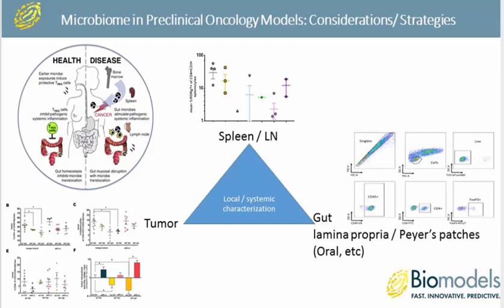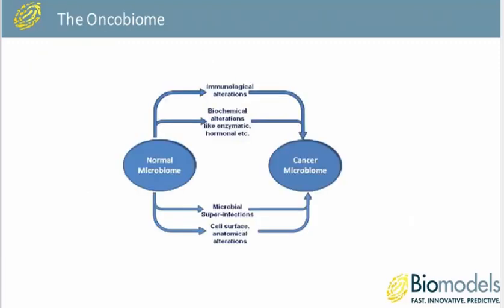So we might do ex vivo assays looking at lamina propria or other sites. We've also done studies looking at oral microbiome, but looking at the local interface between the microbiome and the immune system, also at more systemic places of interest like the spleen or lymph nodes, and then at the effector sites where the actual tumor killing or immunosuppression is going to be happening at the site of the tumor.